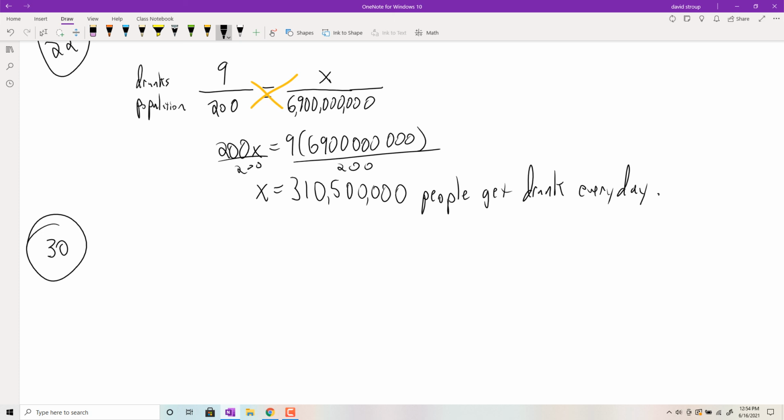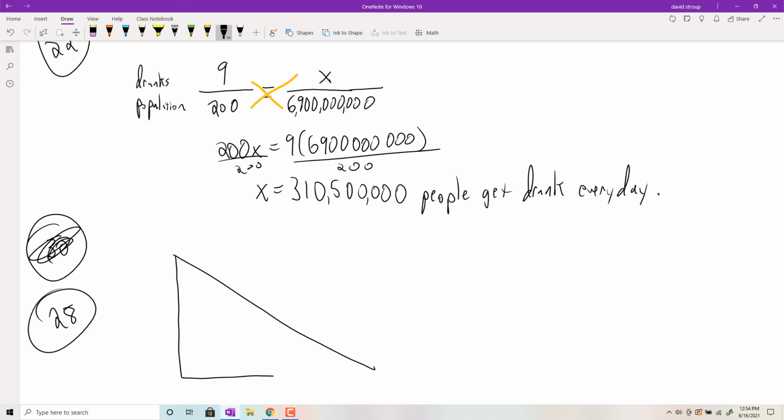Okay, let's look at one of these similar triangle problems then. No, let's pick 28. This is one of the triangle within a triangle scenarios, and we're looking for corresponding sides and building a proportion based off that. I think I actually did this one in the lecture. If I did, I apologize.